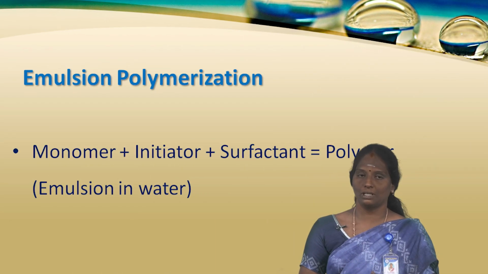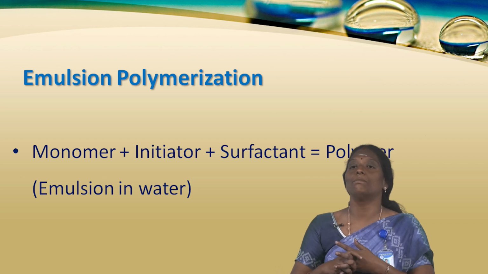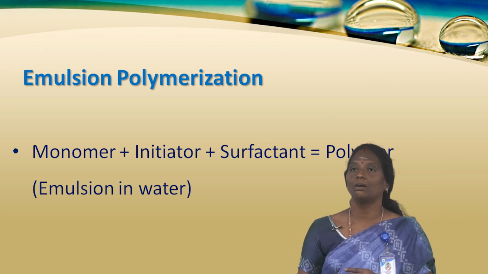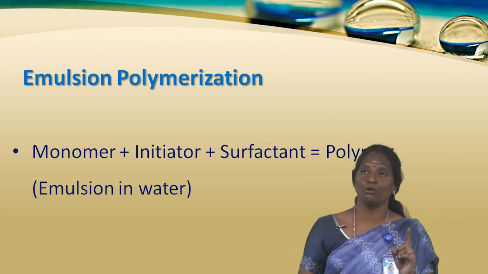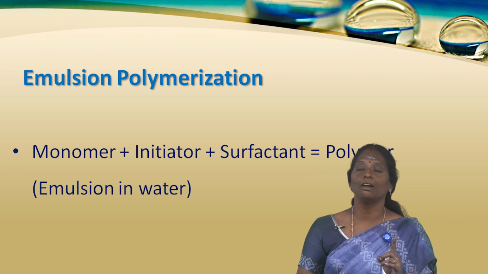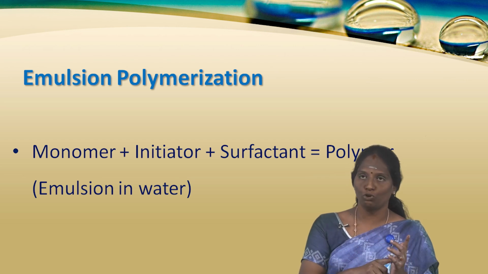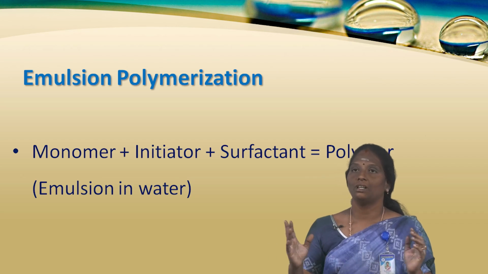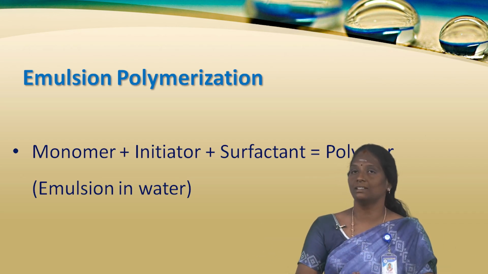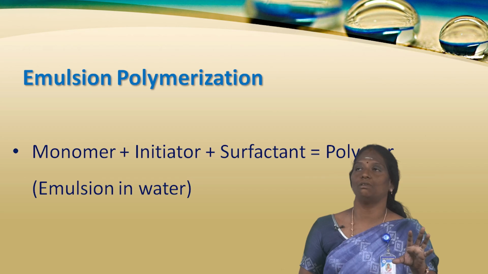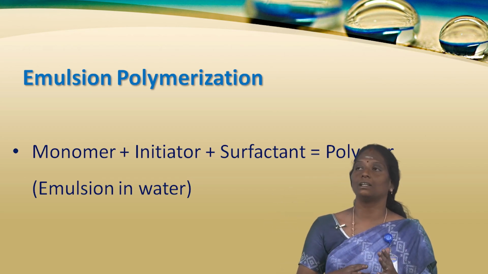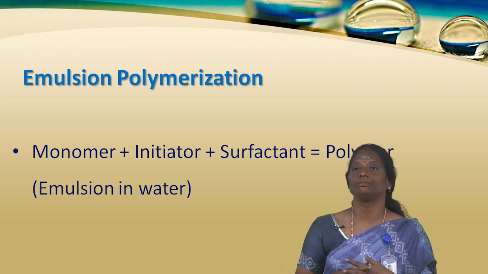Next, we are going to discuss the third type, emulsion polymerization. Emulsion polymerization is used for water insoluble monomer. Remember the point: water insoluble monomer and water soluble initiator like potassium persulfate.